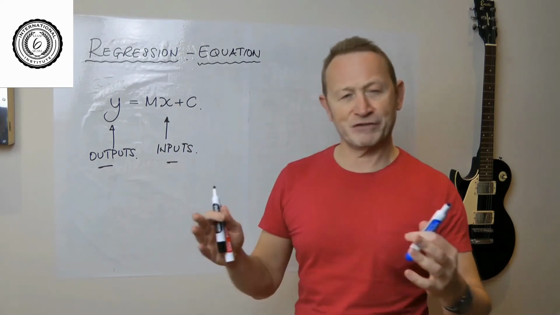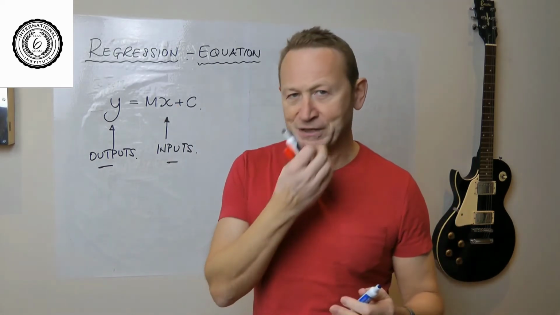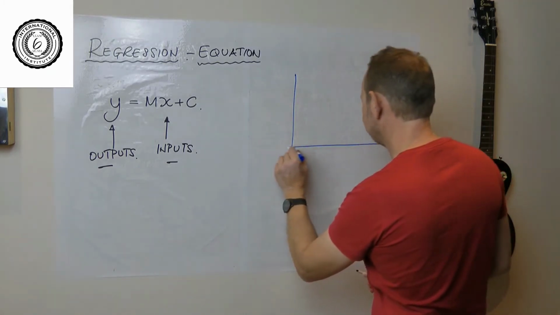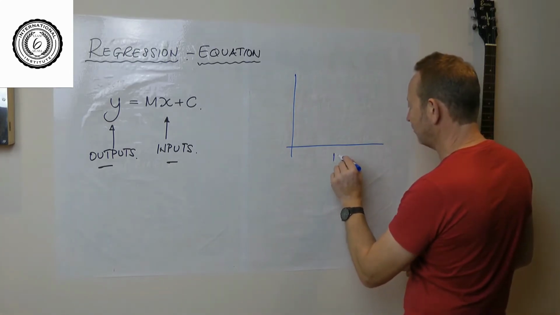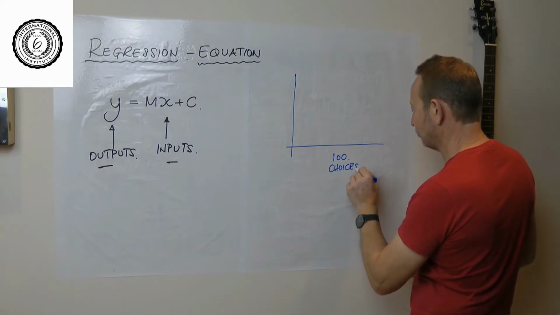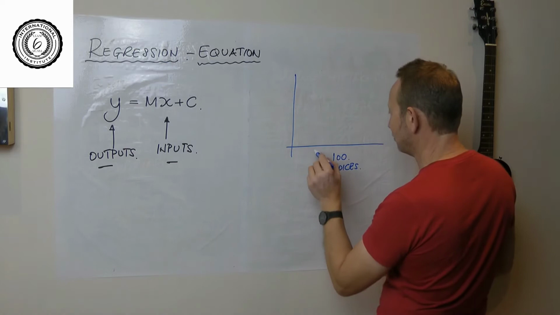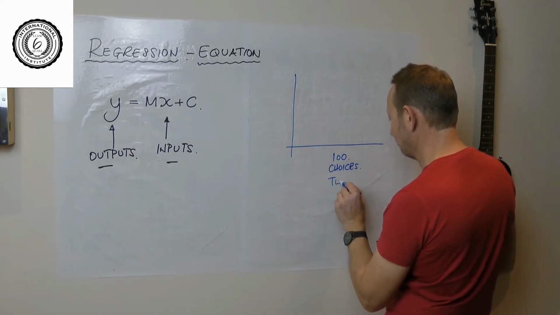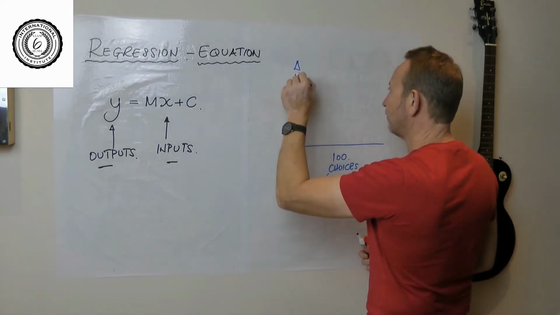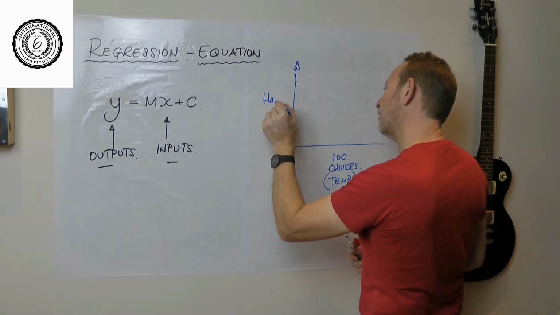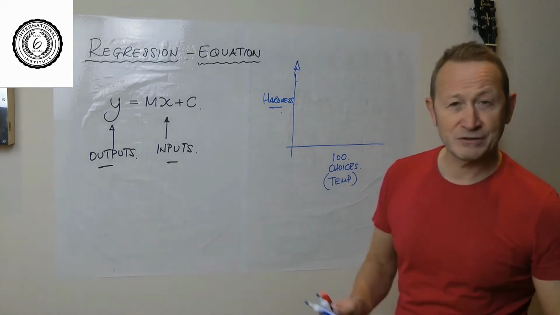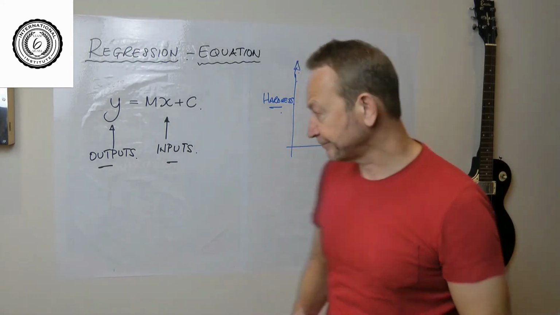But think about the power of this over and above experience. Let's say you have a variable which you can adjust, and I'm going to suggest that there's a scale with 100 choices. Let's say that maybe this is temperature. Let's pick something simple. So you're going to use temperature, and you'd like to know the effect of temperature on the hardness of the material that you're manufacturing or producing.